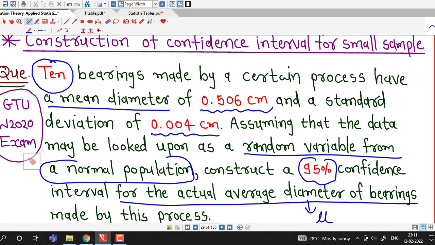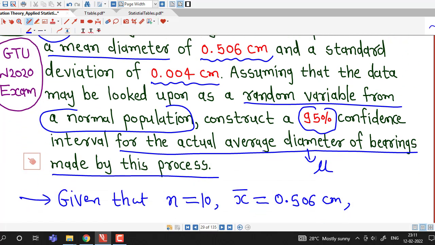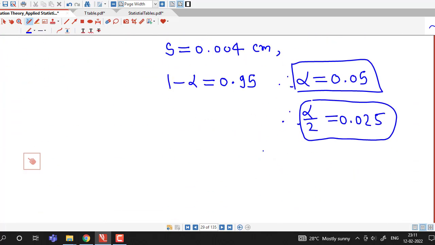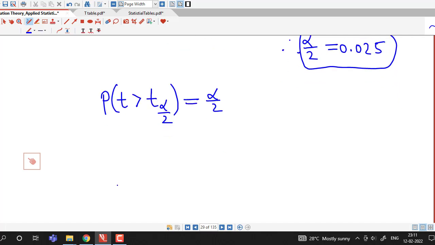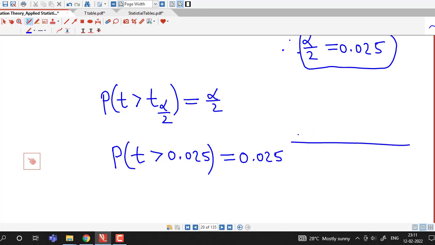Now because we have a small sample and we are considering a sample standard deviation, we have to first find out the value of t for which probability that t is greater than t alpha by 2 will be equal to alpha by 2. Here alpha by 2 is 0.025. We can recall that the shape of T distribution is also bell shaped.